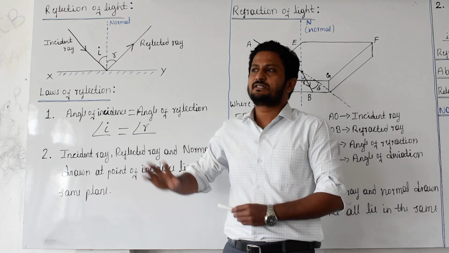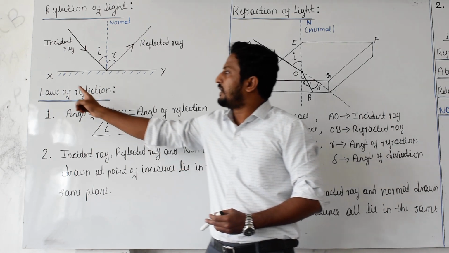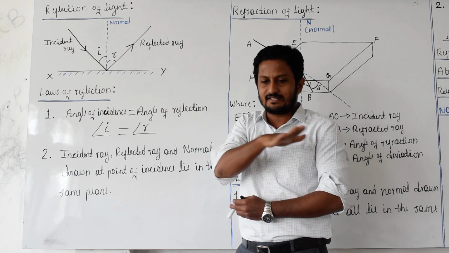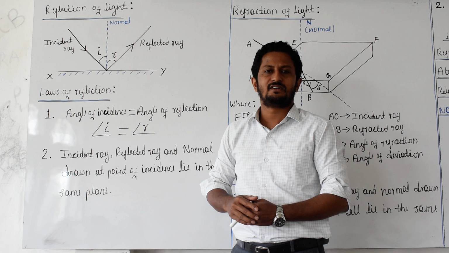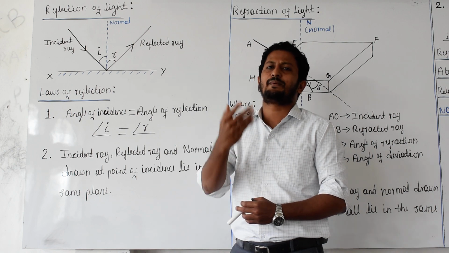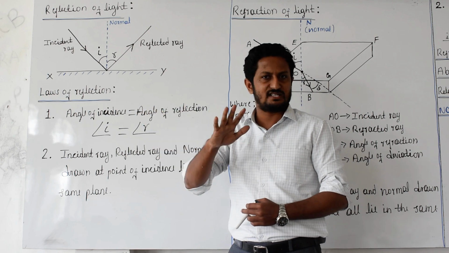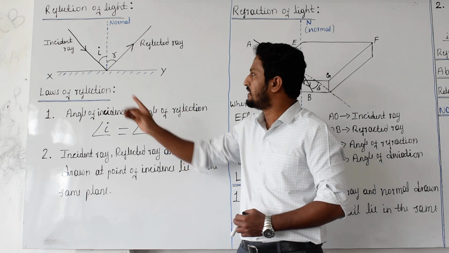See here, just look at this diagram. Here I have marked XY. This XY is the interface. It is one surface which separates two media. XY is one surface which separates two media.